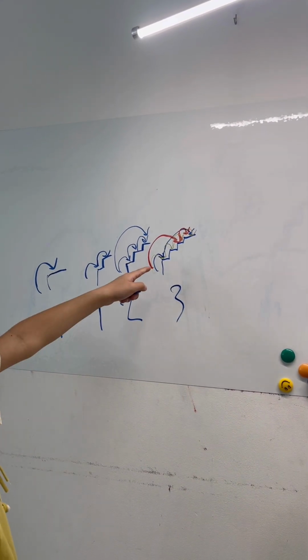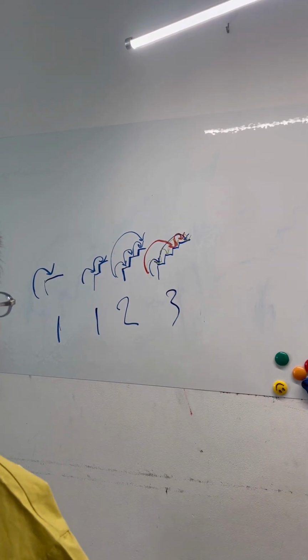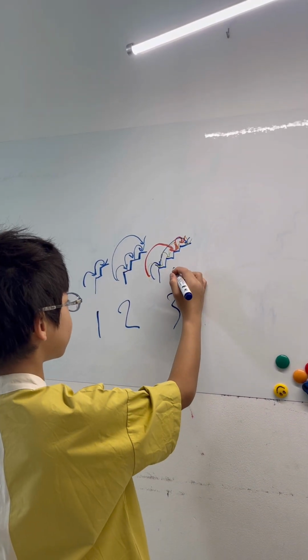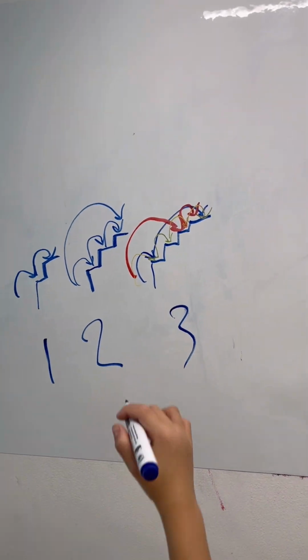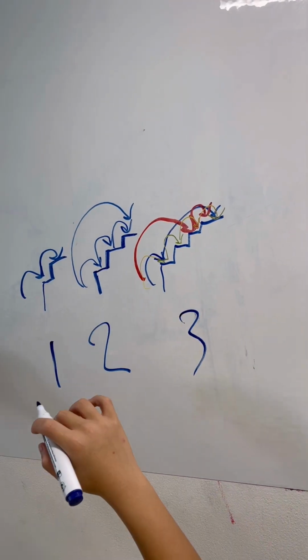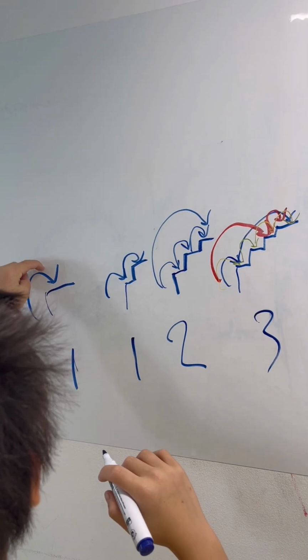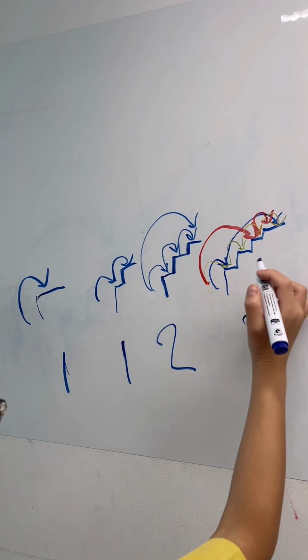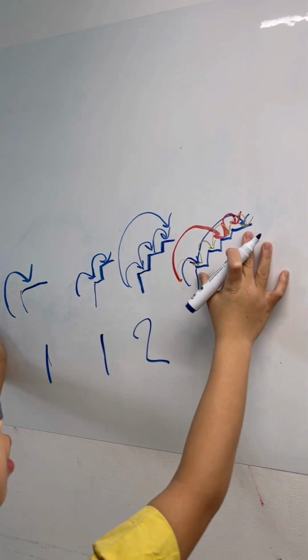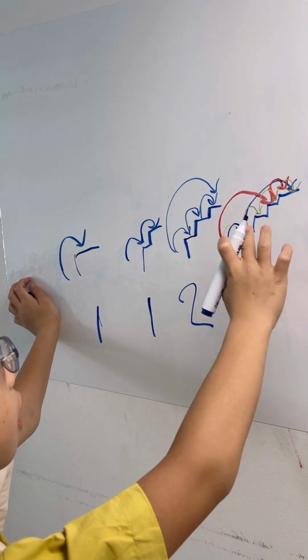But then how did we get the 3? You could think of it this way. The first step he takes could either be 1 step, a small step, or 3 steps. If it's 1 step, then there would be 3 steps left.